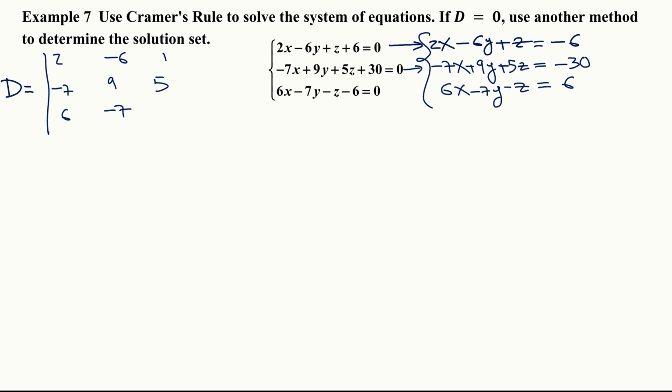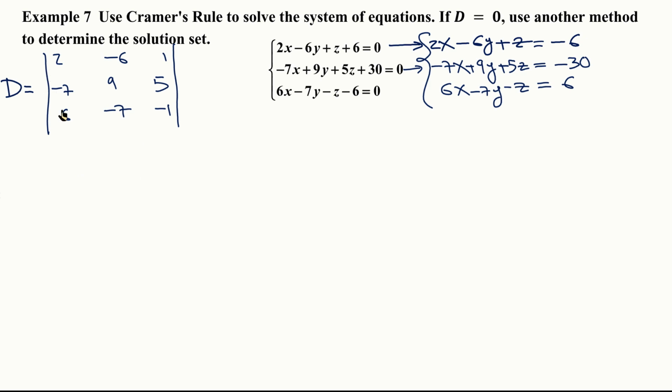Please do yourself the favor of quickly double checking to make sure you've chosen the right numbers, because this is very important, because if this one is wrong, they're all going to be wrong, right? Because you're going to be dividing each of those top determinants by this value, so make sure you get this one correctly.